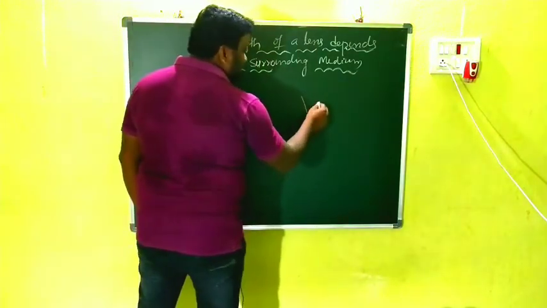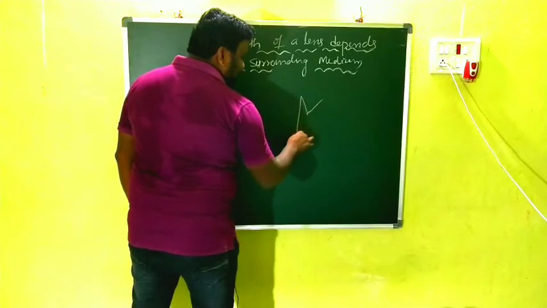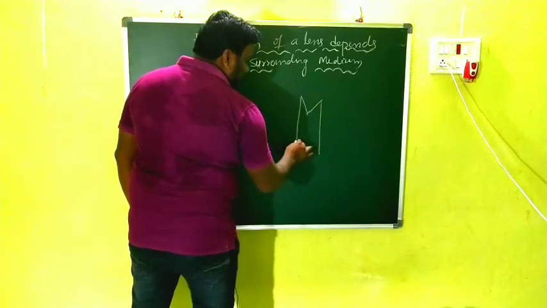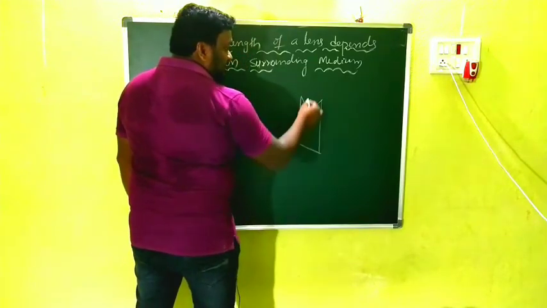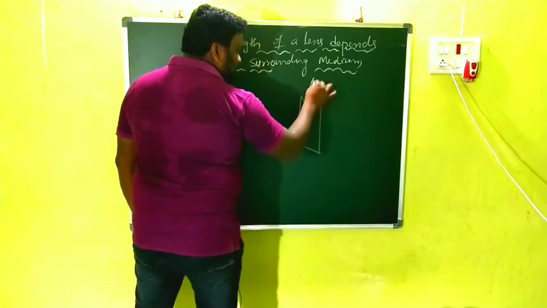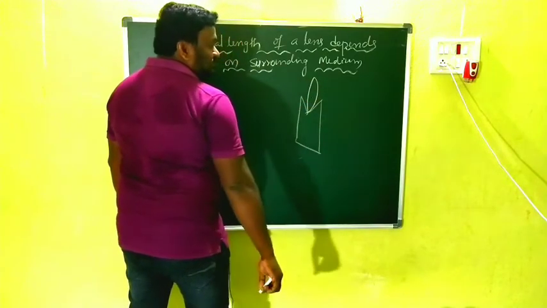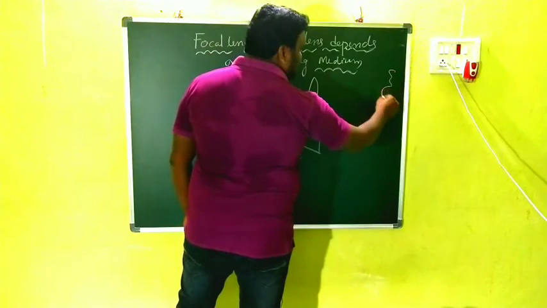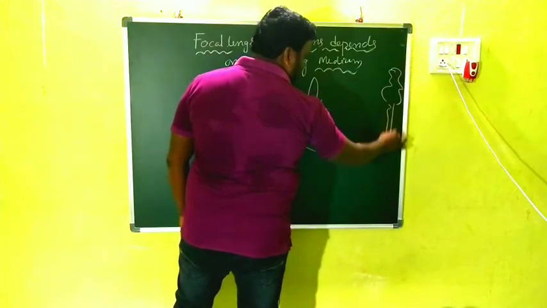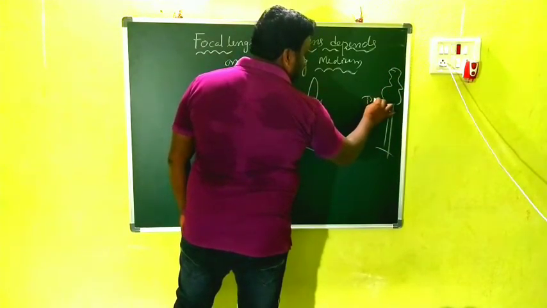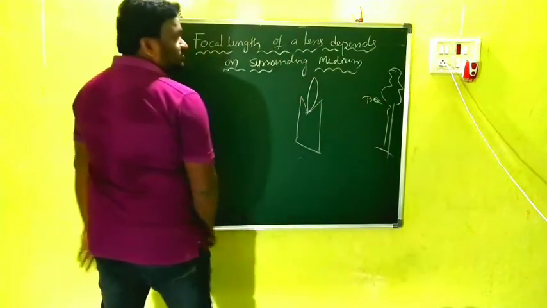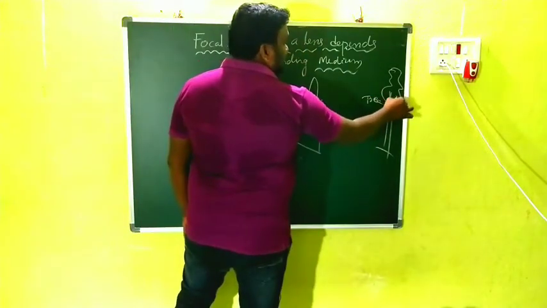We take a V stand and keep one lens on it. And we observe a tree that is far away from us.